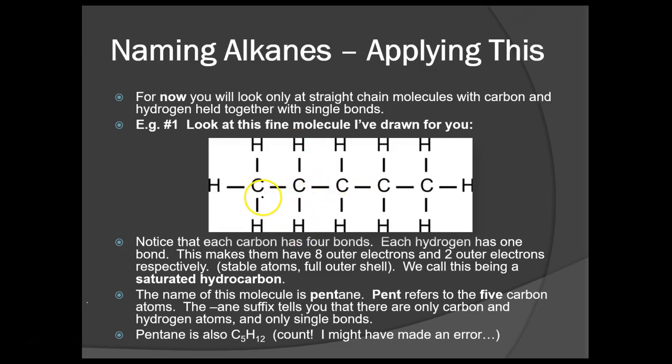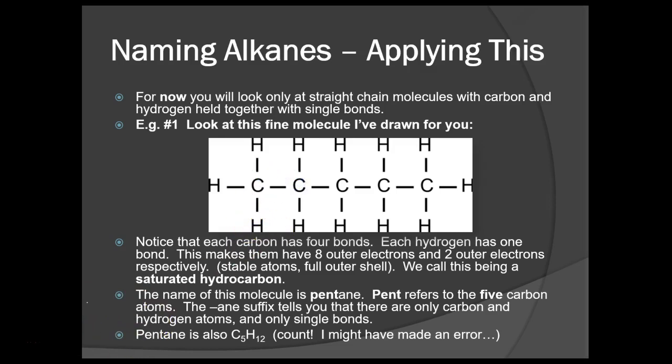So this is a 5 carbon molecule. 1, 2, 3, 4, 5. We know that 5 means pent, which you can see down here. And because each of the bonds between the carbons is a single bond, okay, remember a double bond would look like this, but we don't have a double bond in this case. So each of these is a single bond.